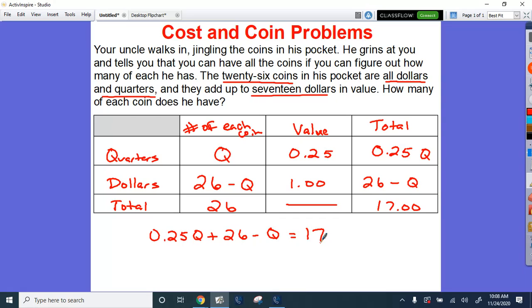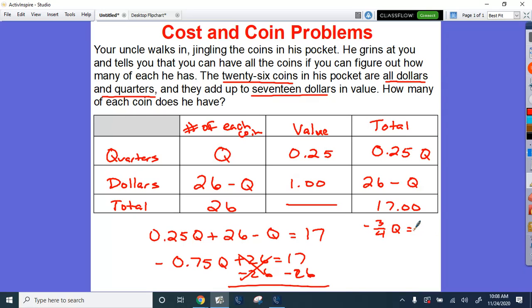Okay? So now we just solve my equation. I'm going to combine these together to make it negative 0.75Q plus 26 equals 17. And now I just solve my equation. Now I may turn this into a fraction, make my life a little bit easier in the end. Okay? So I'm going to make that negative 3/4 Q, that's equal to negative 9.